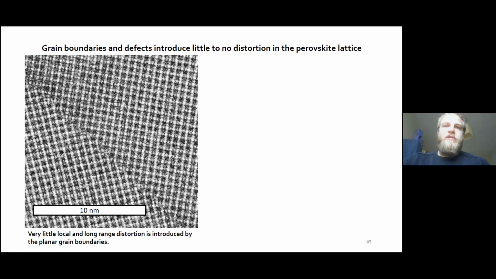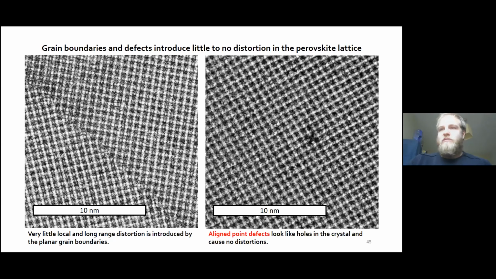We can also see that we have very little long-range distortion introduced by these planar grain boundaries. So it's not like you have a grain boundary and then the effects ripple outwards. These perovskite materials are quite unique in some ways, in that they just absorb all of these weird defects going on. So once you're 1 or 2 unit cells away from an interface, we actually don't see an influence of the grain boundary.